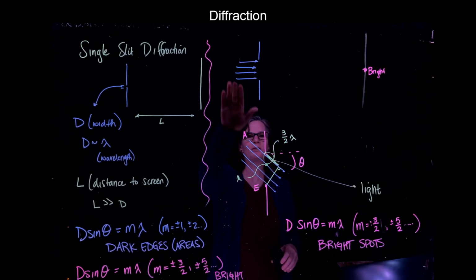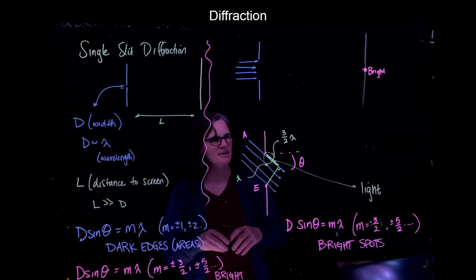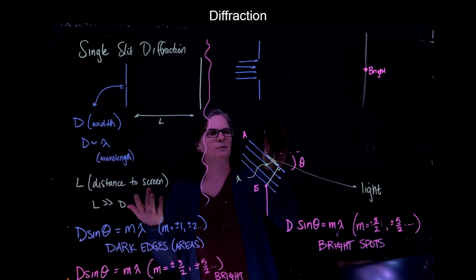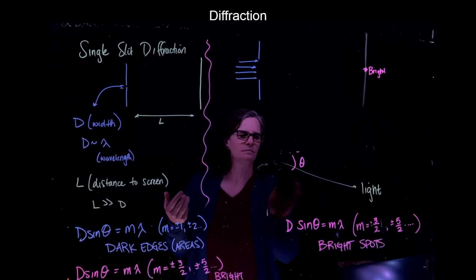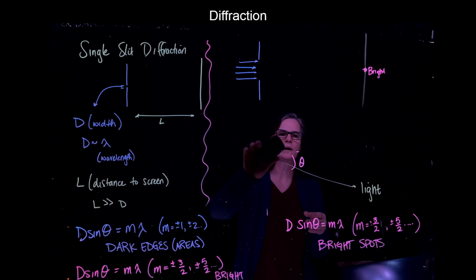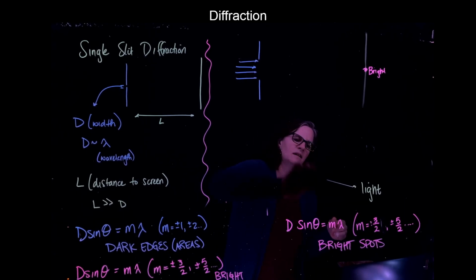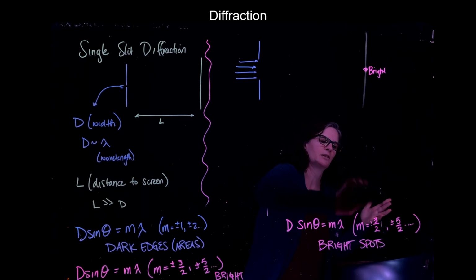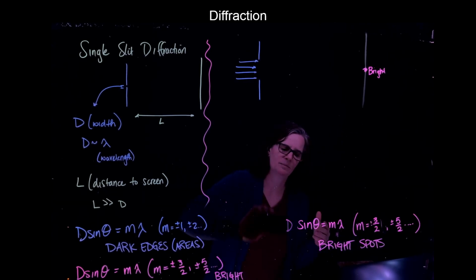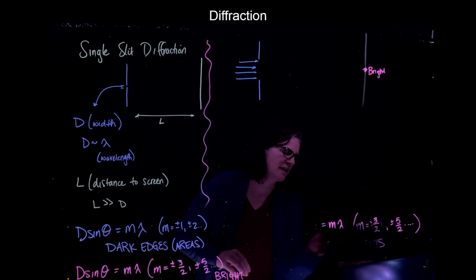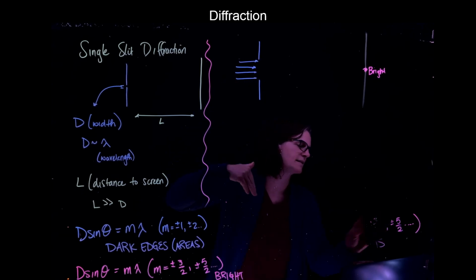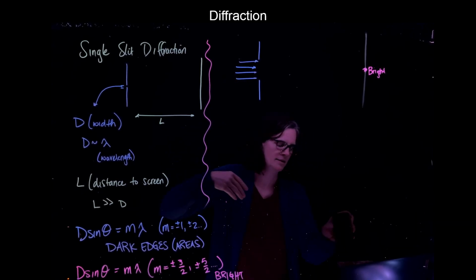Whew, so we have 3 different ones that we've looked at. What does it look like actually on the screen? What do I mean by these bright spots and these dim spots? Well, if you can imagine that the bright spots are kind of like mountains. So we're going to draw how these bright spots might look, keeping in mind that we have light coming through this slit at all different angles.